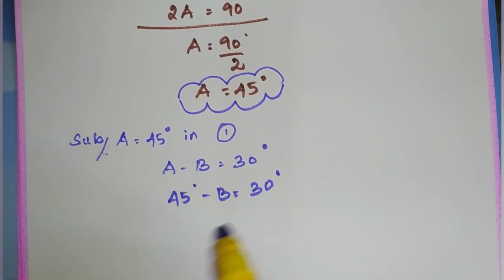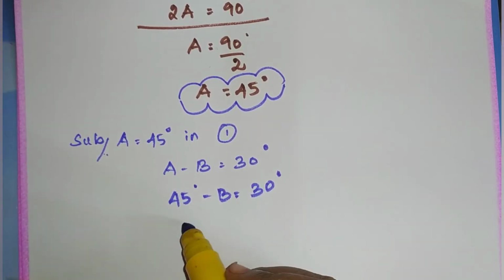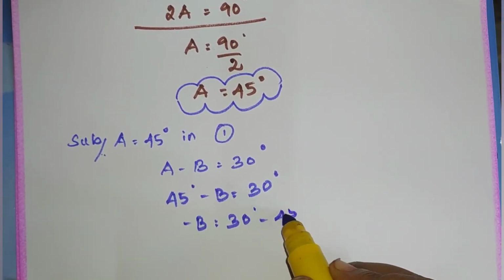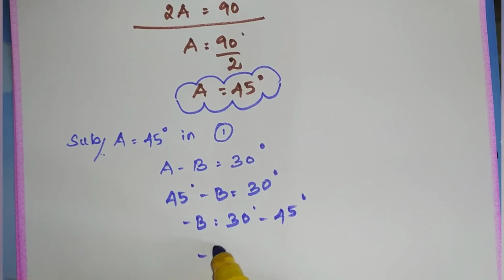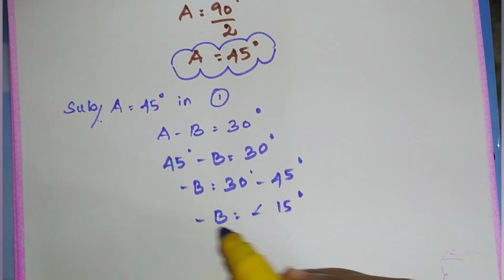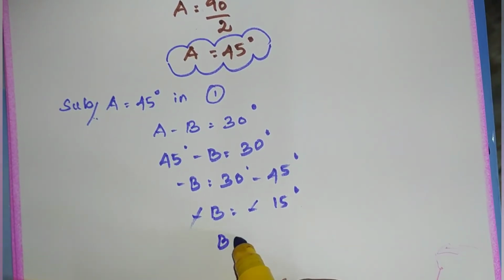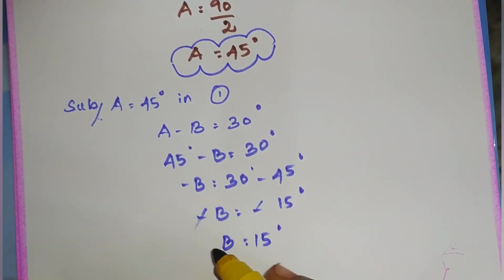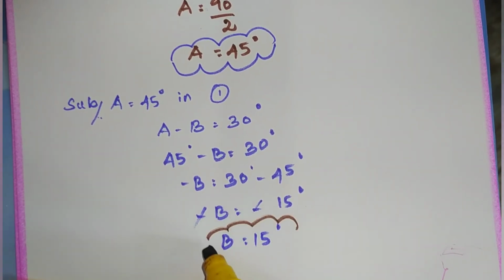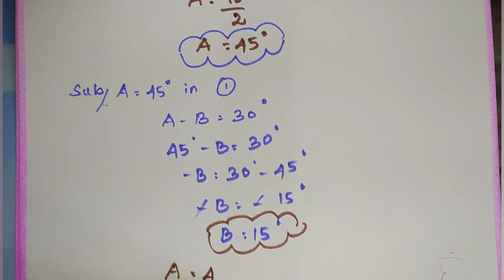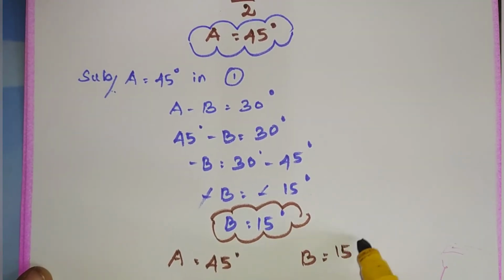Then I am going to shift 45 to the right hand side. Minus 45. So if we subtract, what we will get? Minus 15. We can cancel the negatives and B is equal to 15 degree. So the value of A is 45 degree and B is 15 degree.